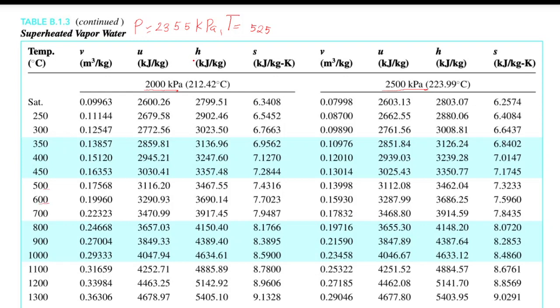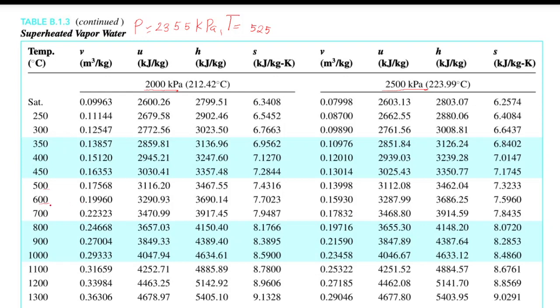And you have to find the specific volume, specific internal energy, specific enthalpy, and specific entropy at 525 degrees Celsius and at a pressure of 2355 kilopascal. There are two ways of determining the values. We have the vertical and the horizontal. In this example, we will be doing the horizontal first.